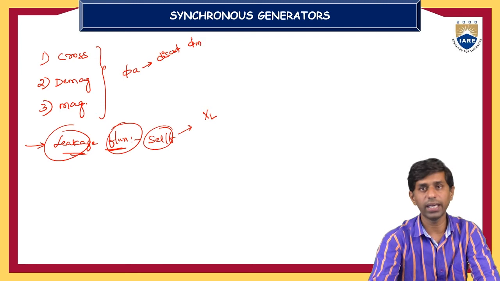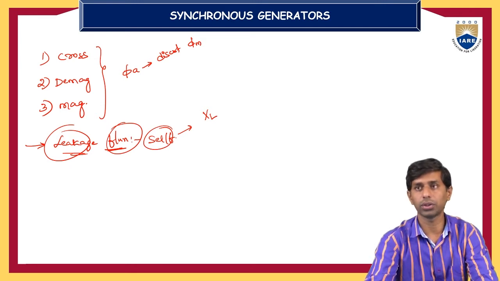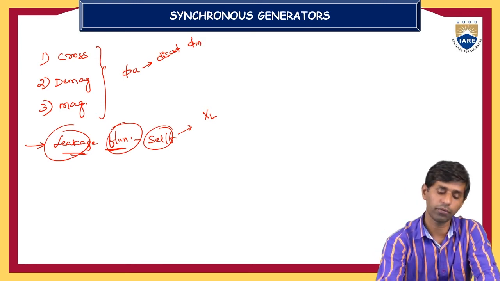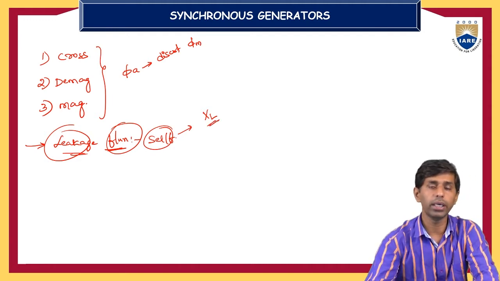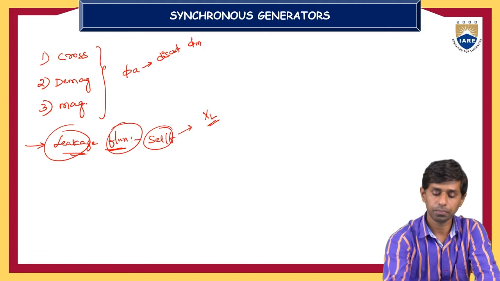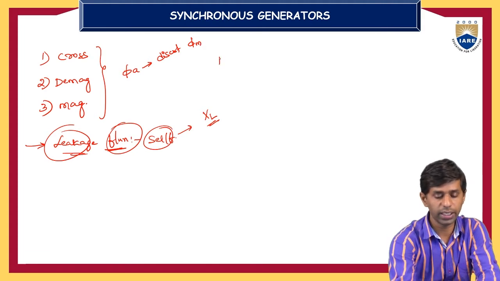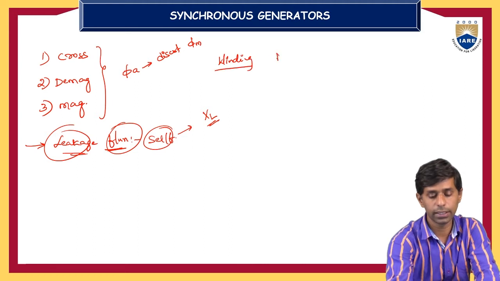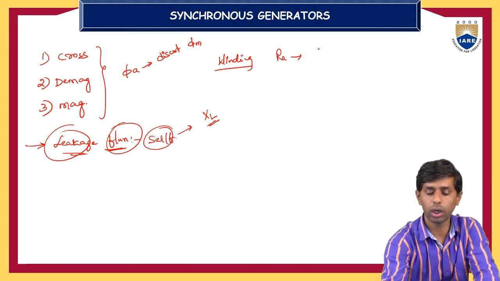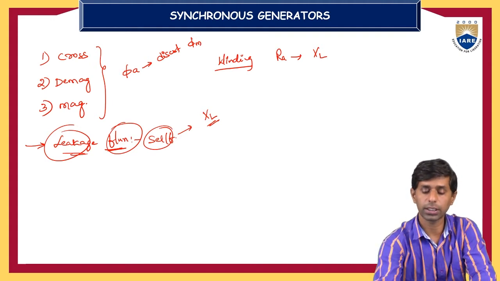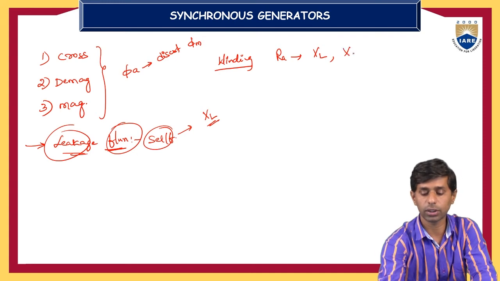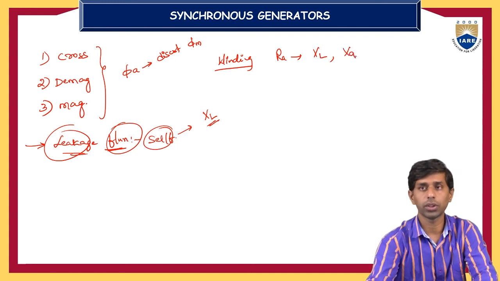So in addition to the armature winding resistance, we have another term called leakage reactance, since the winding is inductive in nature. Also, the effect of armature reaction is represented in terms of a fictitious reactance called armature reactance XA.